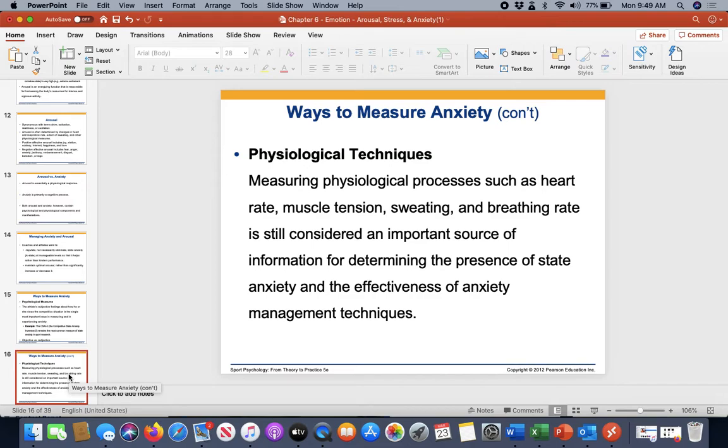You can wear a heart rate monitoring strap. You can wear a watch that has that ability. Really what you're doing is trying to get an idea of what's going on, and that can be really important for that player because you're detecting things in the moment.